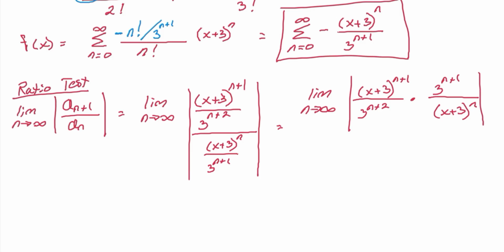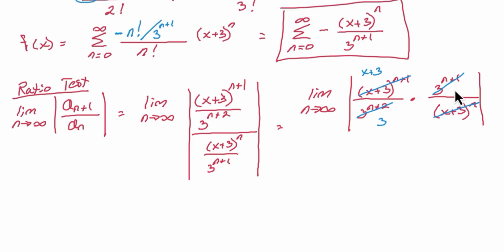Let's see if we can reduce any of those. Notice we have x plus 3 to the n plus 1 and x plus 3 to the n. We can reduce the factor x plus 3 to the n, and you'll be left with x plus 3 in the numerator. Similarly, with the 3 to a power, we can reduce that, leaving us with 3 in the denominator.